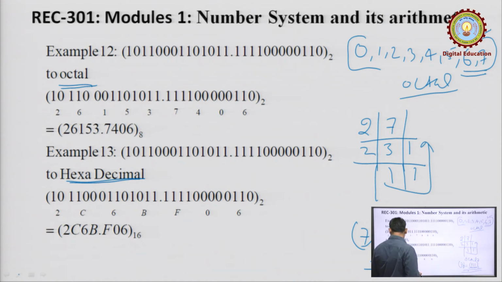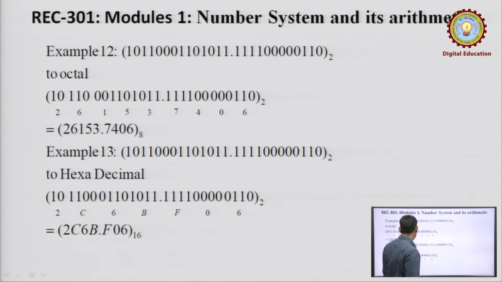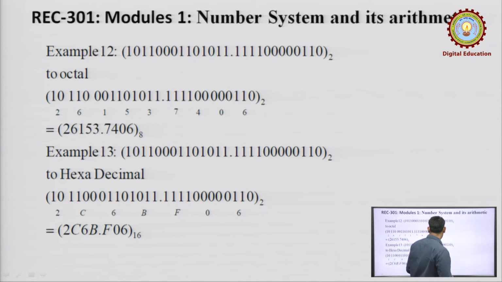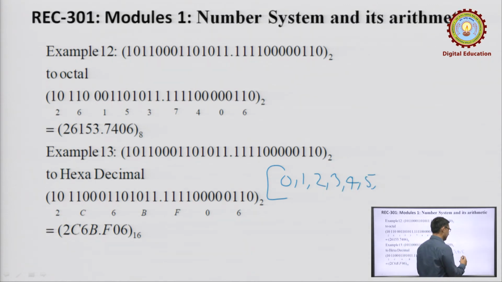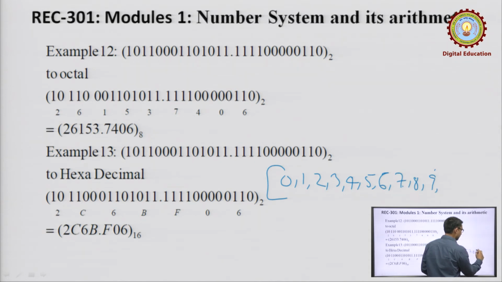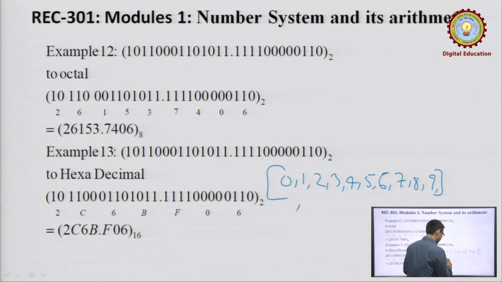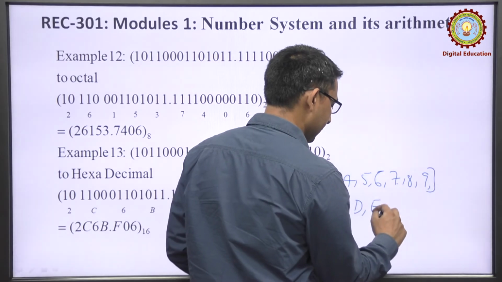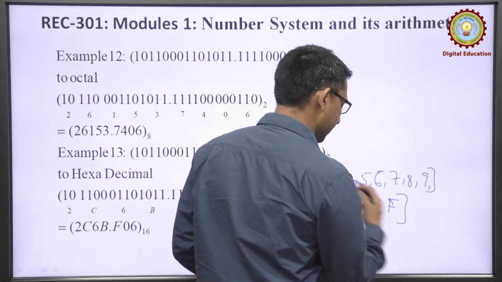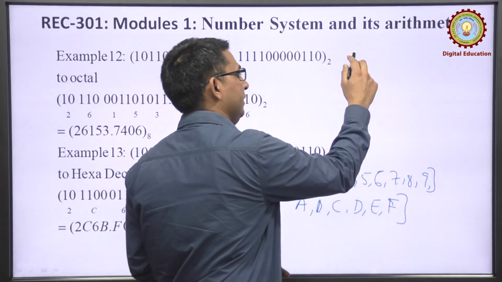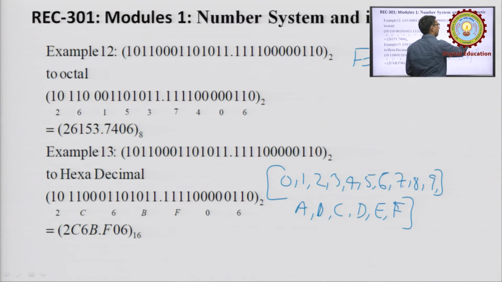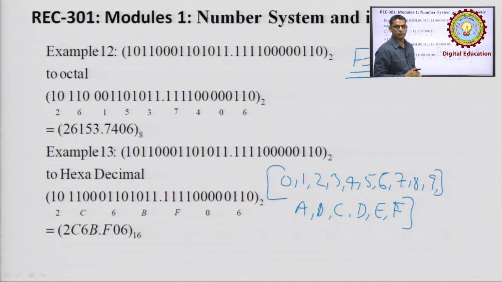Now, I will discuss the hexadecimal number. In the case of a hexadecimal number, the digits are 0, 1, 2, 3, 4, 5, 6, 7, 8, 9, okay, and then A, B, C, D, E and F. And F is equal to 15.